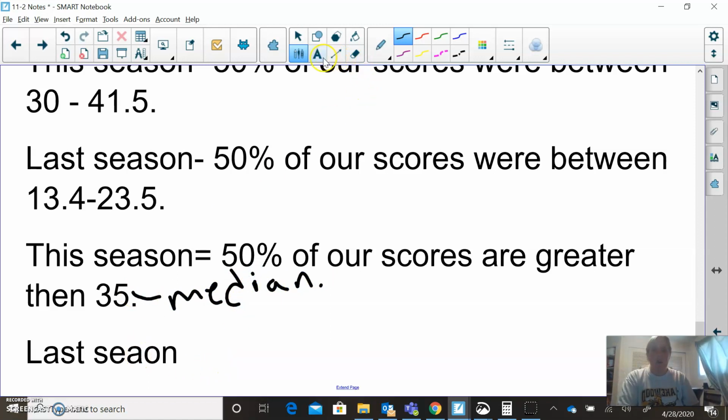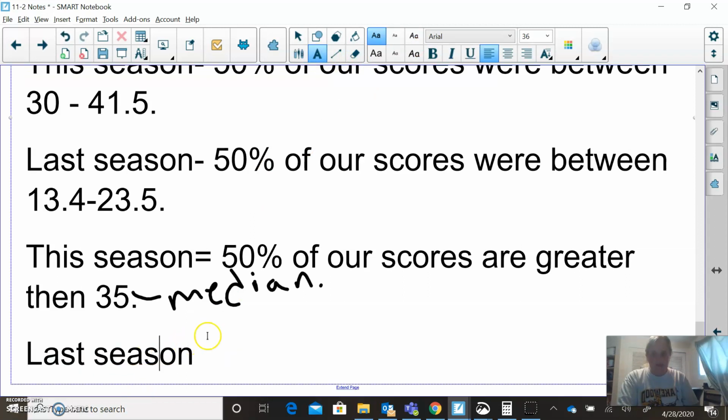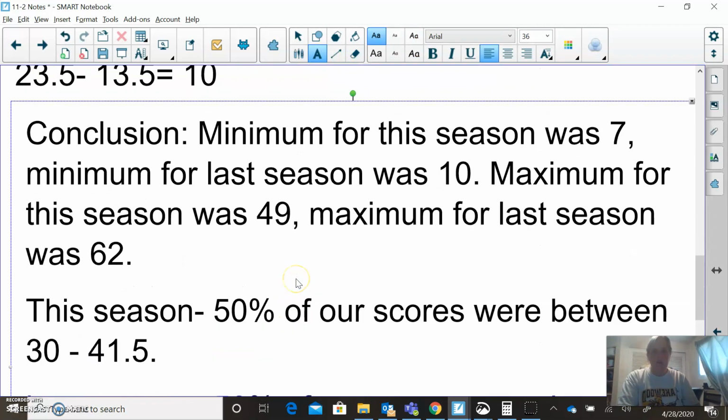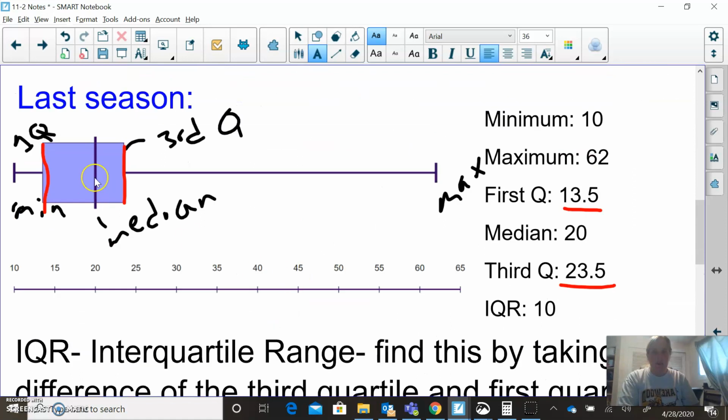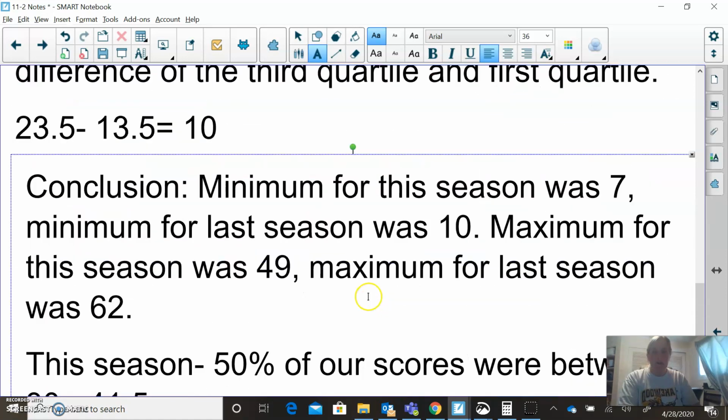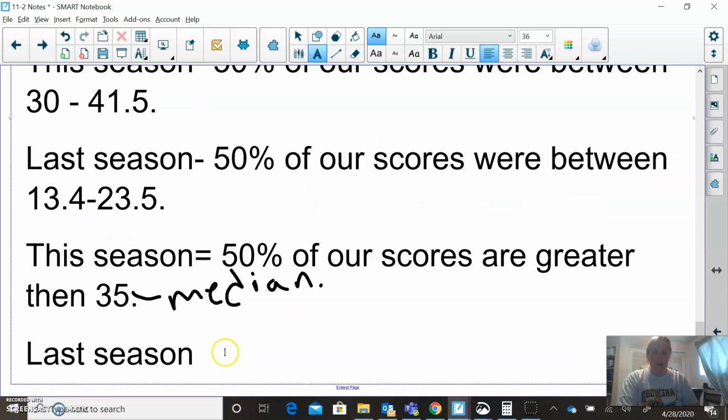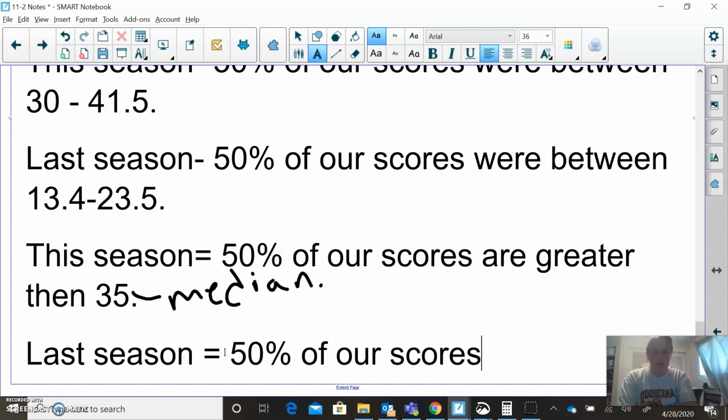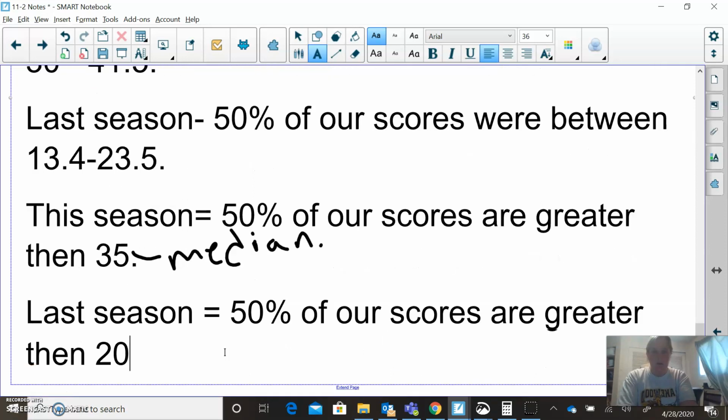Okay, so we also need to look at last season. Our median was at 20. So if our median is at 20, that means 50% of our scores are greater than 20. Okay? Awesome, guys.